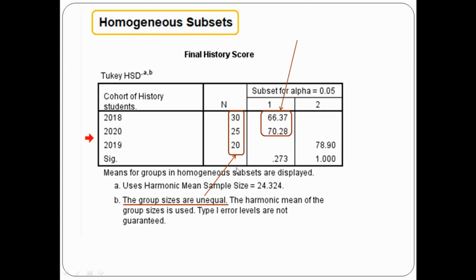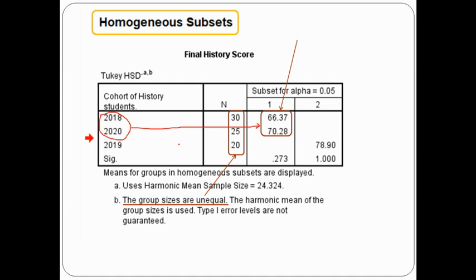Since the means for cohorts 2018 and 2020 appear together or bundle together as a subset here, both cohorts did not significantly differ from each other.